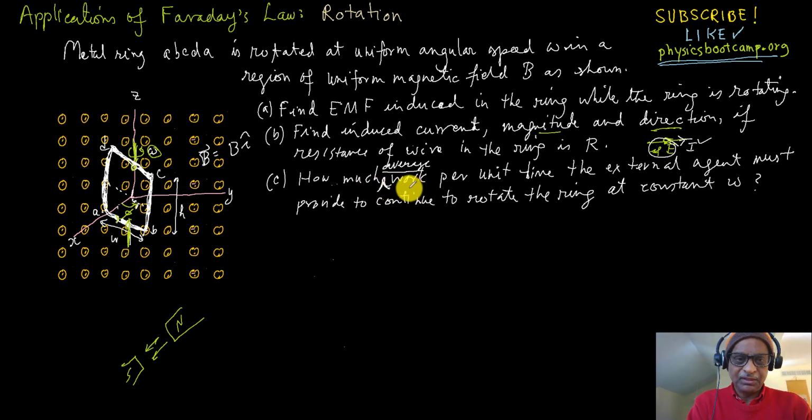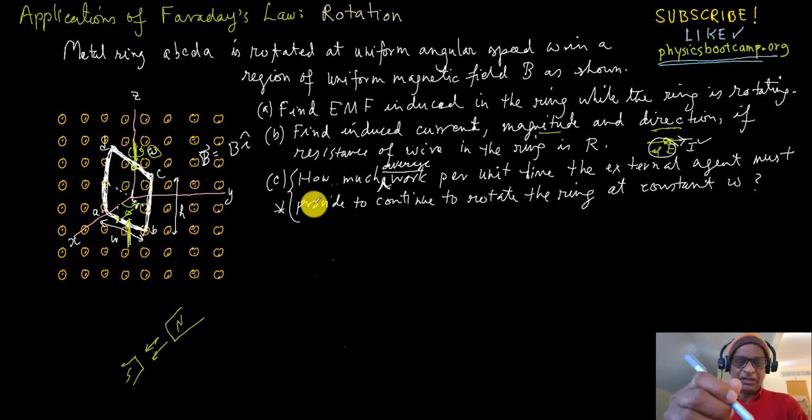The last one is that when you're rotating, you have to be doing some work, and you will see how much work needs to be done by this external agent. This is usually not asked in this kind of problem, but I thought that could be an important question to ask.